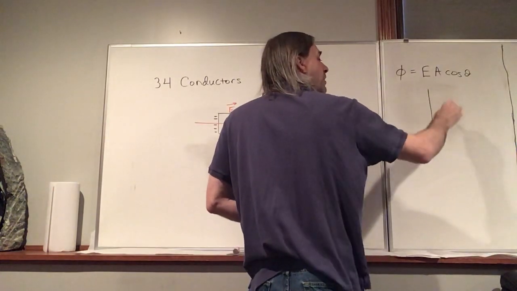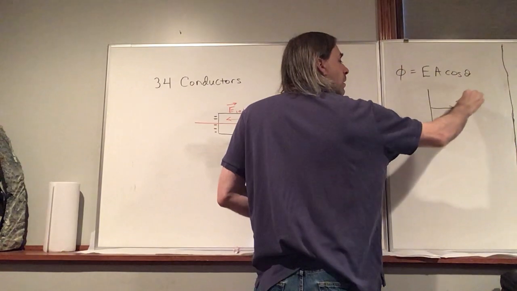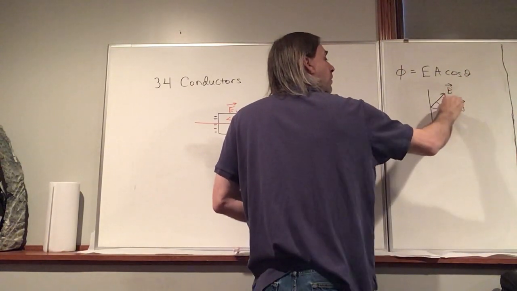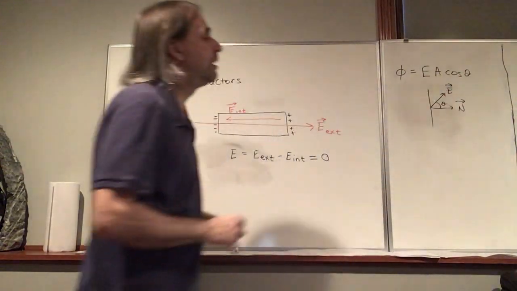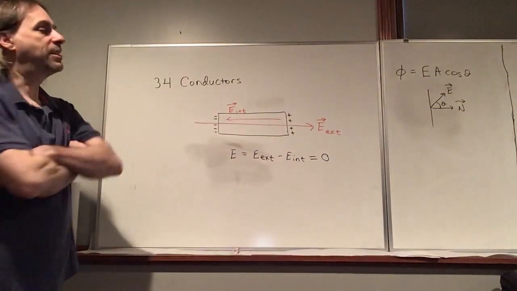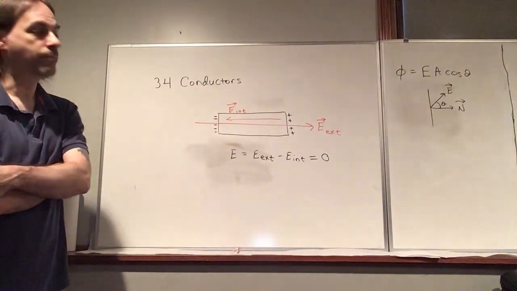So if we have a flat surface, it has a normal vector, and this electric field can make an angle with respect to that normal vector. That's that theta there. So that would be the electric flux, which is a measure of how many electric field lines are crossing through that surface.